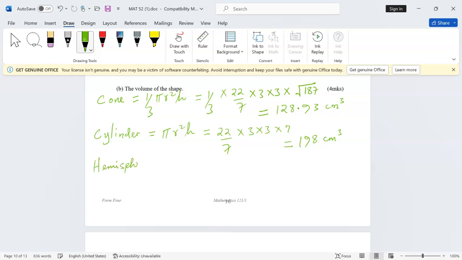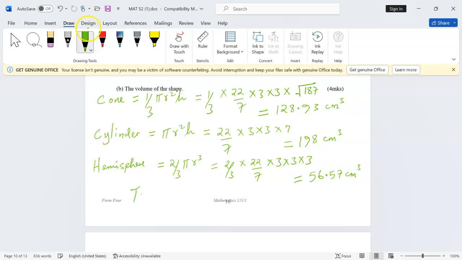Then finally, we have the hemispherical part. The volume of a hemisphere is given by 2/3 pi r cubed. Therefore, 2 out of 3 pi, a radius of 3 times 3 times 3, and this gives exactly 56.57 cubic centimeters.